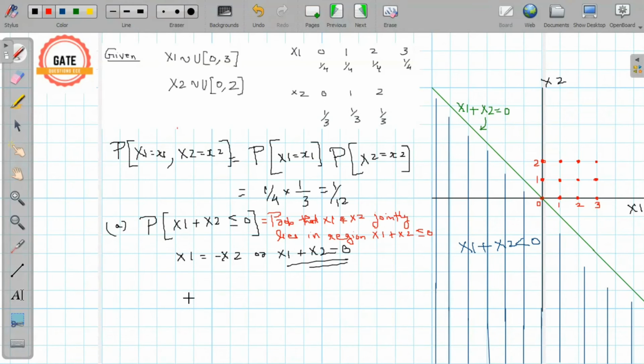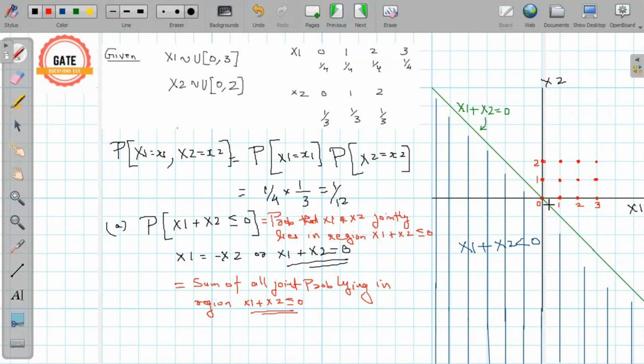So this probability will be equal to the sum of all joint probabilities lying in the region x1 plus x2 is less than or equal to 0. So the sum of all such joint probabilities that are lying in this region will be equal to this probability.